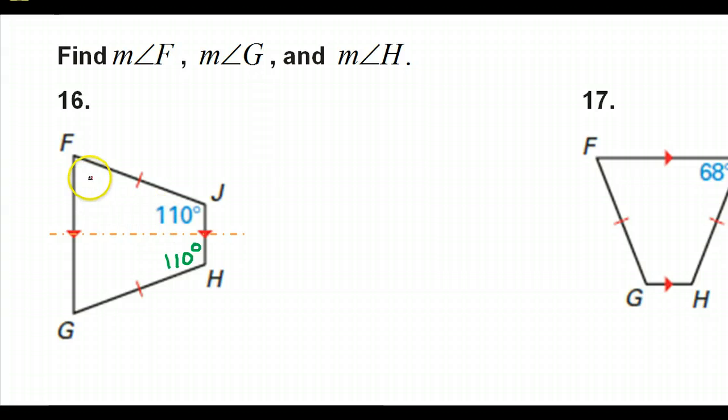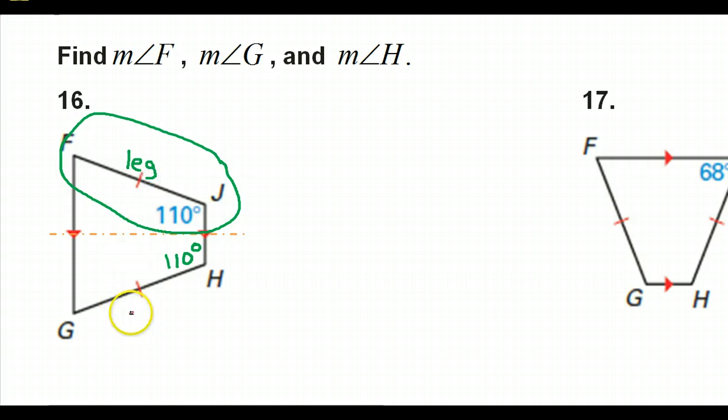Now, because of symmetry, these two angles will be the same. Here's what I care about. Angles like F and J are supplementary, angles that are sharing a leg. This is a leg of the trapezoid, and these are bases.